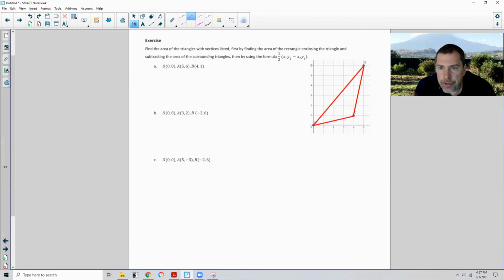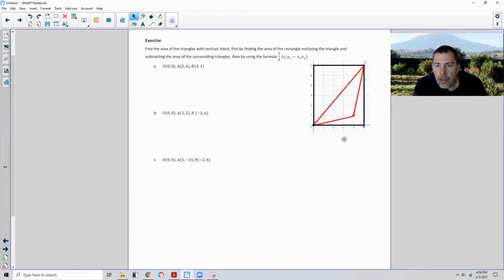I'm not going to draw the rectangle. Hopefully you can picture that. The base of the rectangle is here, length 5. The height is going up to here, and then over, and then down. So that wasn't too bad, was it? So there's our rectangle, and there's the triangle inside. Anyhow, there is the triangle inside the rectangle.